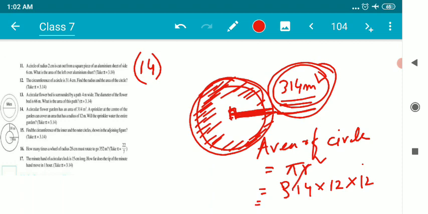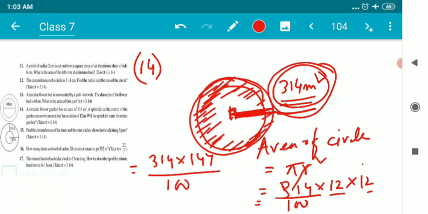Just by removing this decimal point, we get 100. So I'm getting 314 into 144 divided by 100.